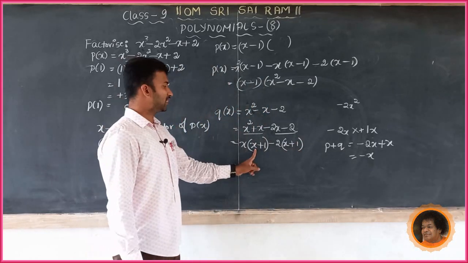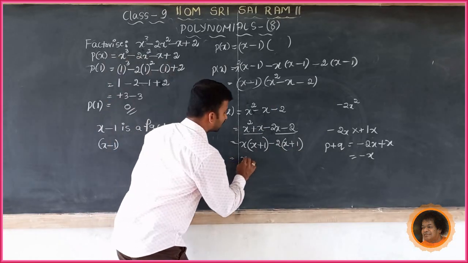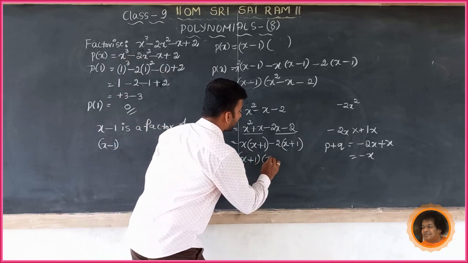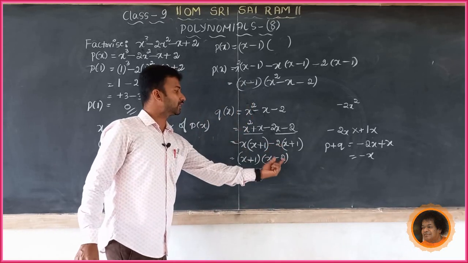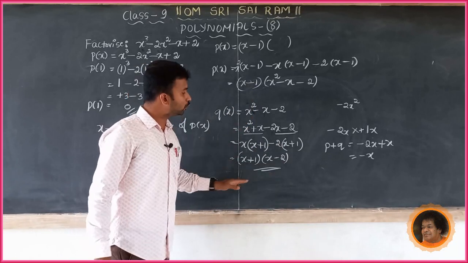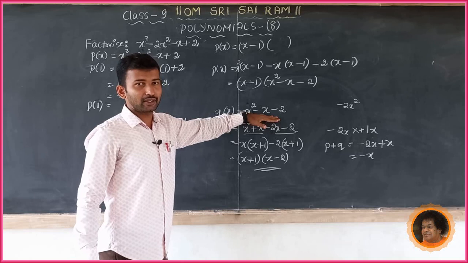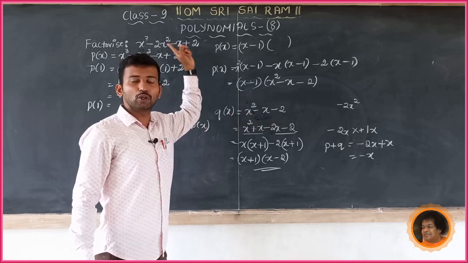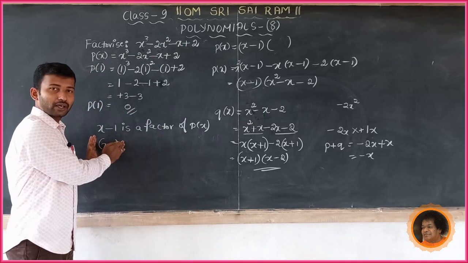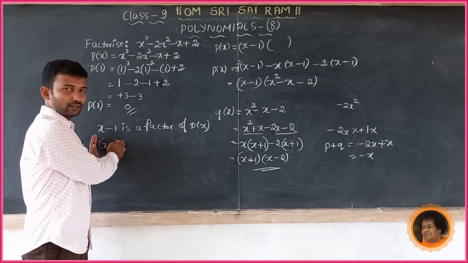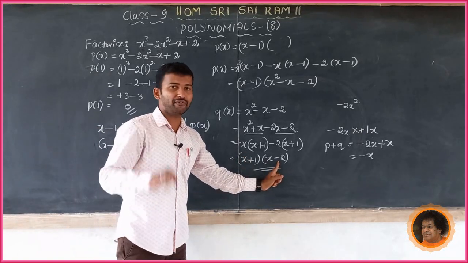Again, x plus 1 is a common factor. Take out x plus 1 as a common factor, remain x minus 2 only. So, these are the two factors of this quadratic polynomial. Finally, what are the factors of this cubic polynomial? We already got x minus 1 as a factor, and x plus 1, x minus 2 are the other factors.